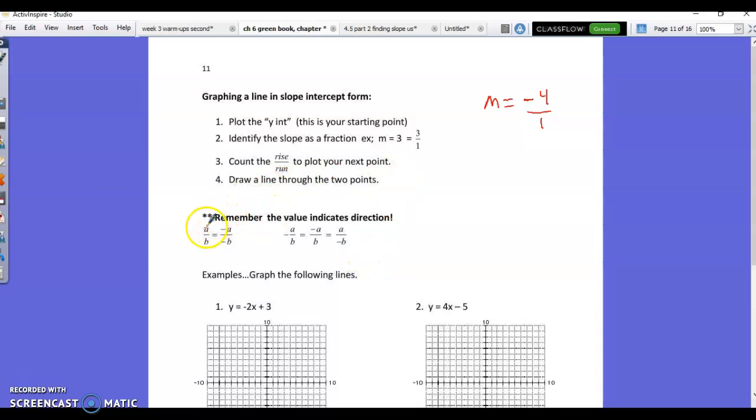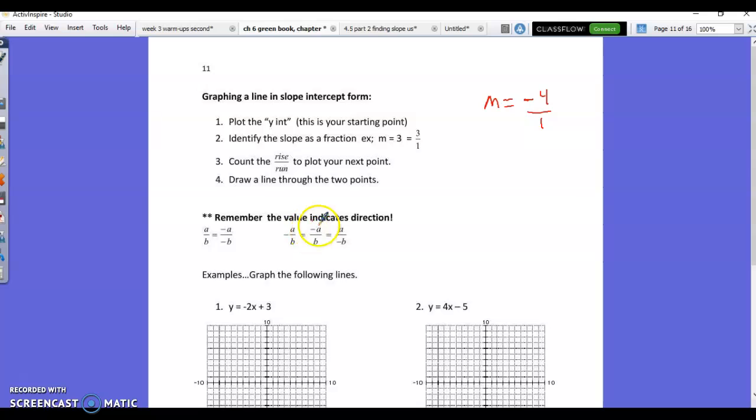Now this points out equivalent fractions. We've talked about positive fractions can also be written as a negative divided by a negative, because that is also a positive. Whereas a negative fraction, we either have to associate the negative with the top or the bottom, but not both.